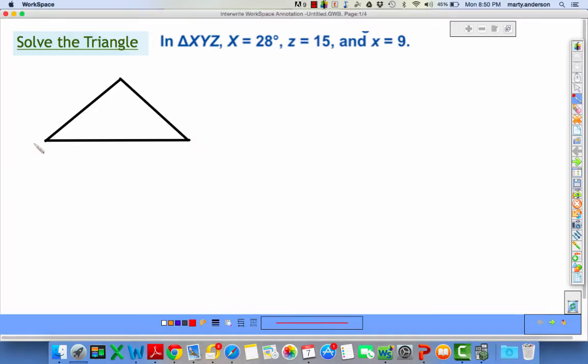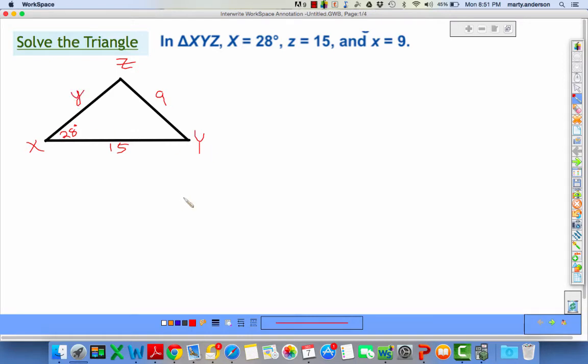And I'm going to label this X, and it's 28 degrees. And across from X this is 9. And then I'm going to label this Z, because it appears that this is the longest side. Z is 15. And I'm going to label this Y, and this is going to be a little y.